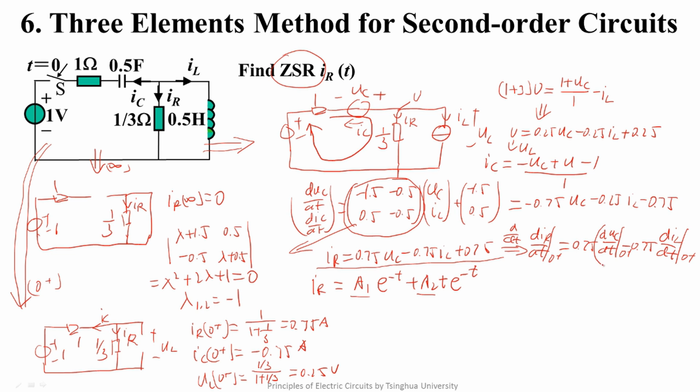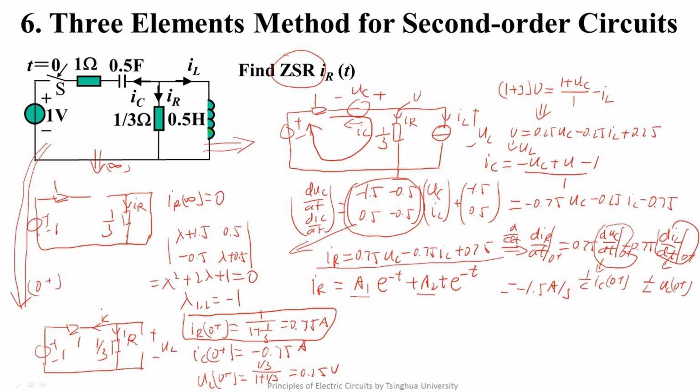We know that in the expression dUC/dt is equal to 1 over C times IC(0+), and dIL/dt is equal to 1 over L times UL(0+). Substituting IC(0+) and UL(0+) into the equation, we get dIR/dt at t equals 0 plus equals 1.5 ampere per second.